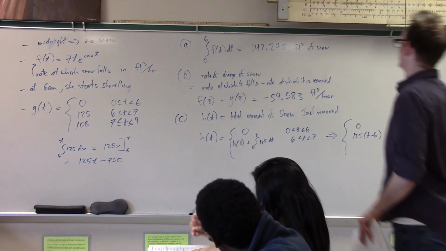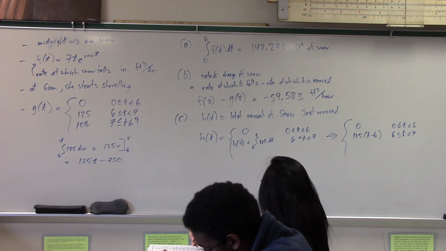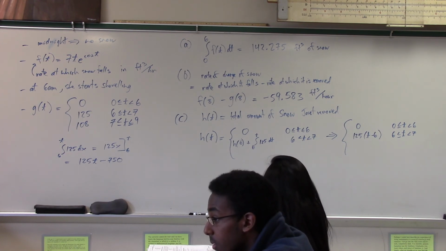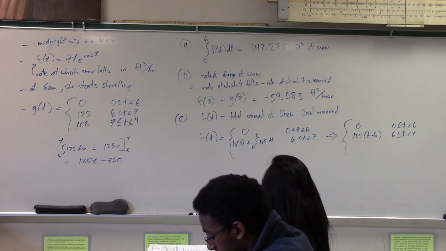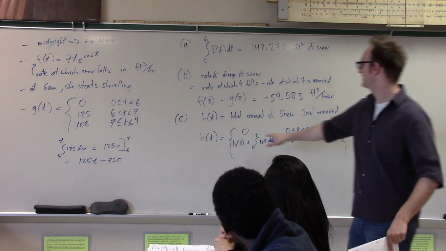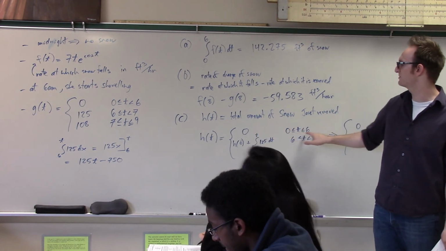But that's not what they wrote on the problem. I think it's supposed to be the integral from 0 to 6 of 0, because that's the amount accumulated between 0 and 6. This is the rule for how much snow she has shoveled between time 0 and 6.